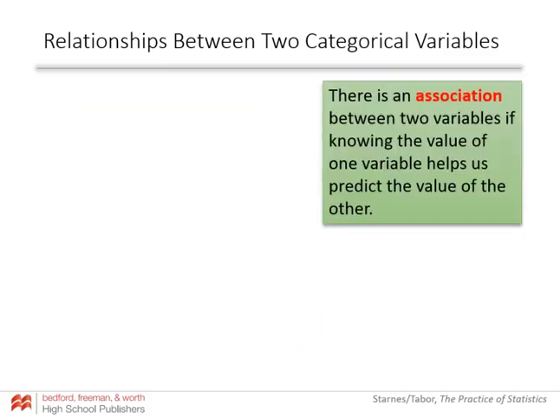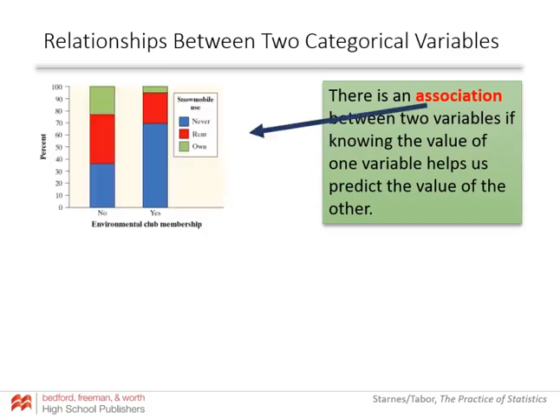One thing that those segmented bar graphs do is they help us see if there's an association between two variables. If those graphs look very different, then there could be an association there. If we look at this, the never use category is very different depending on whether or not people were in environmental club.